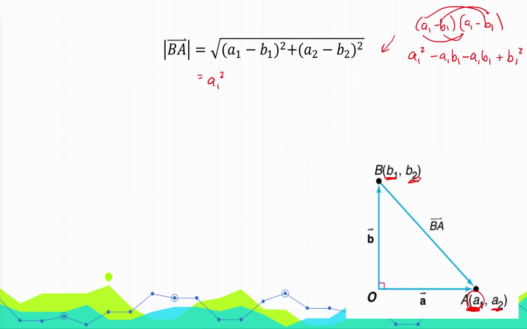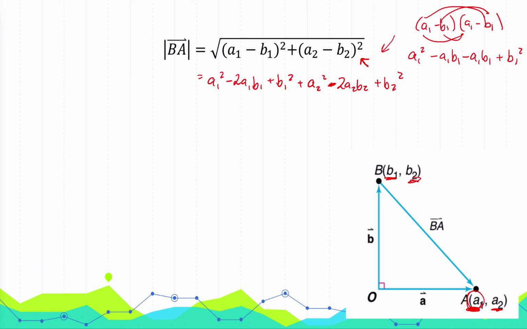So a1 squared minus 2a1 b1 plus b1 squared. And if you FOIL this one, you're going to get the exact same thing, except you change the 1's to 2's. So a2 squared minus 2a2b2 plus b2 squared.